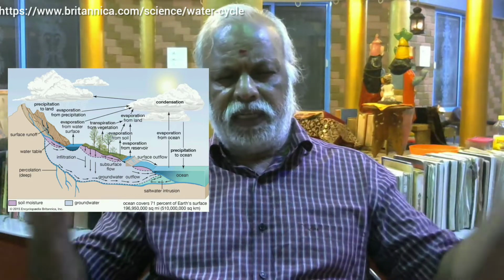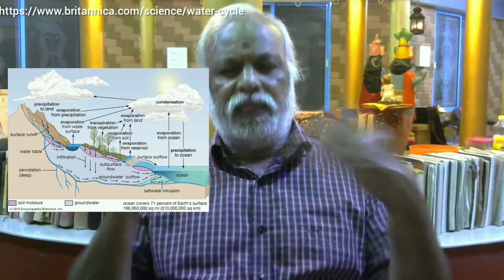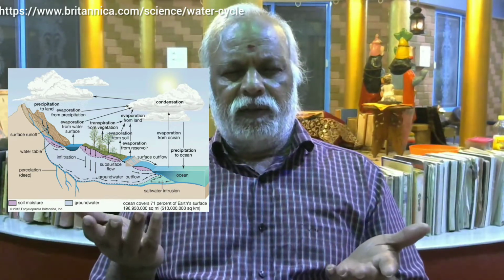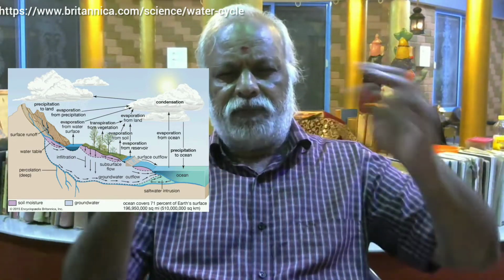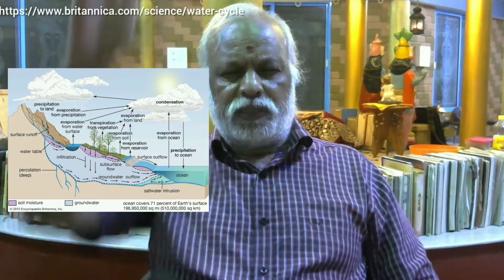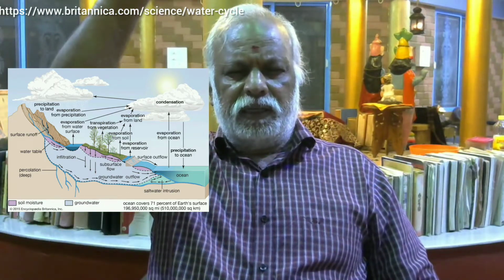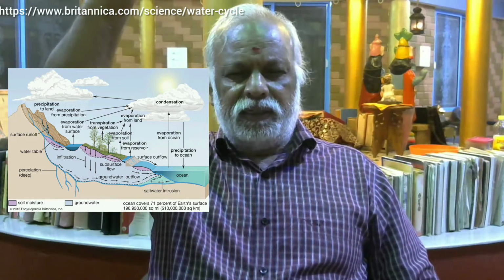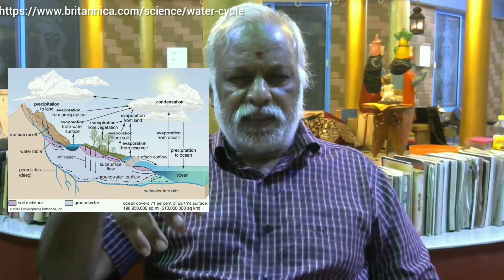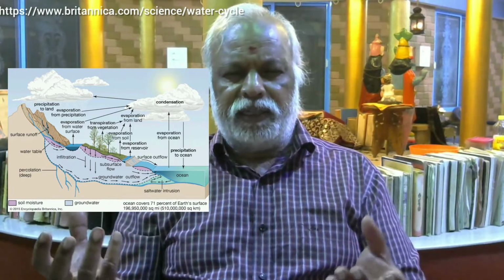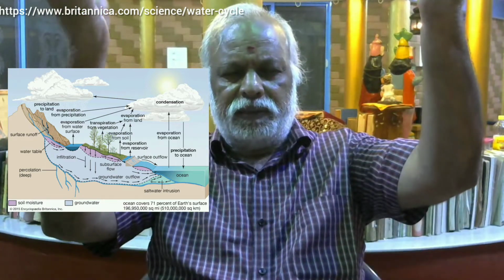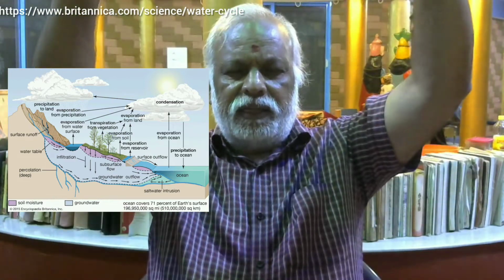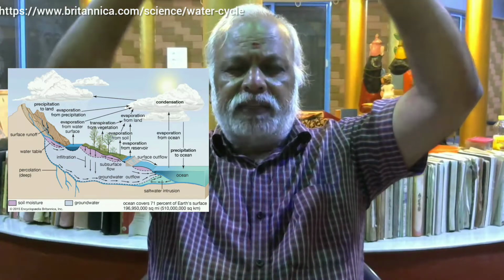You have the sea, which has a surface, just like if you have a cup, you have a surface. Due to the sun, the high temperature heats up the surface and the water particles get evaporated. They go to the sky, and they get condensed there.